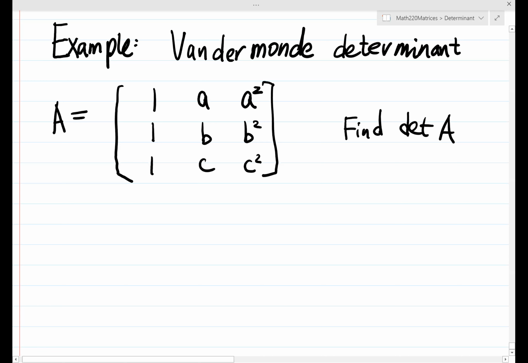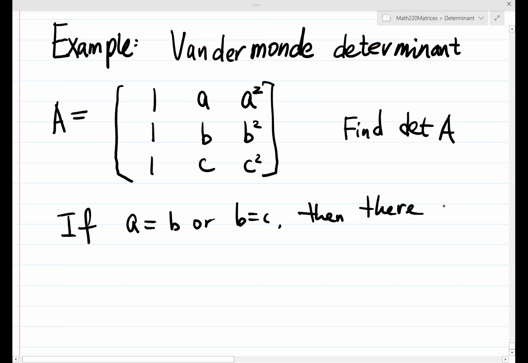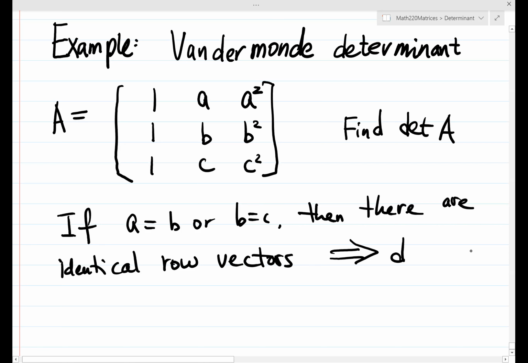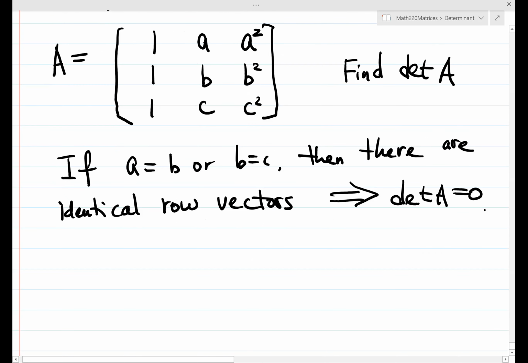So the first observation is: if a equals b or b equals c, there are two identical row vectors, which means the rows are linearly dependent. This means the determinant of A vanishes.